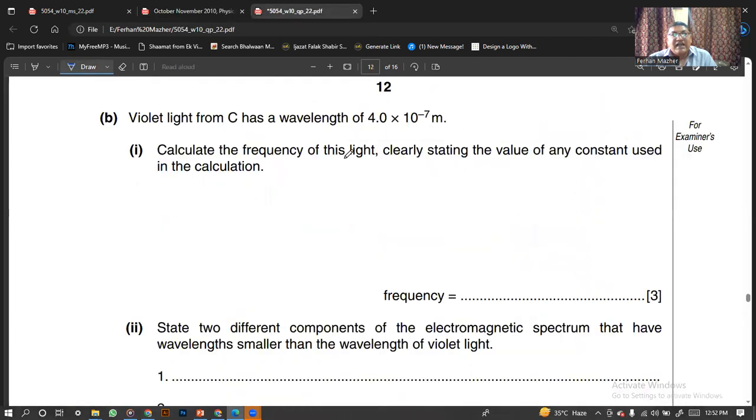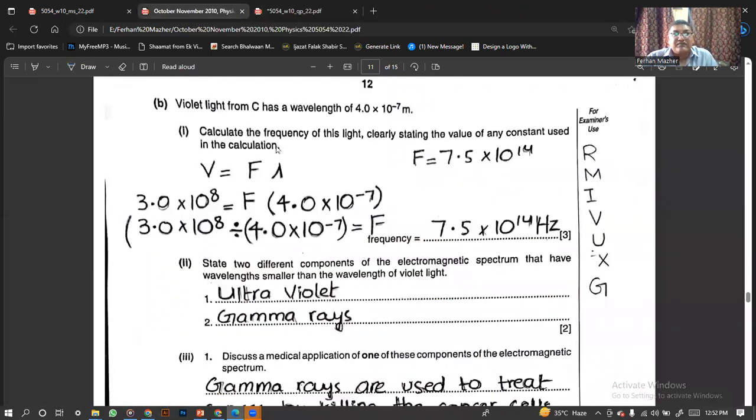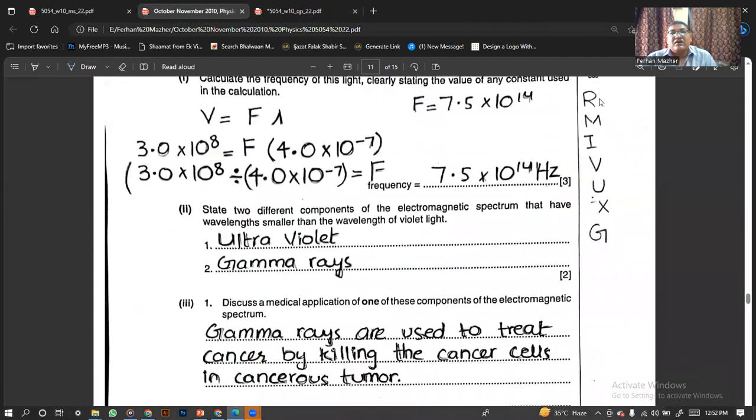And then we have: state two different components of the electromagnetic spectrum that have wavelengths smaller than the wavelength of the violet light. So here we have Ronald McDonald is very ugly except Gary.